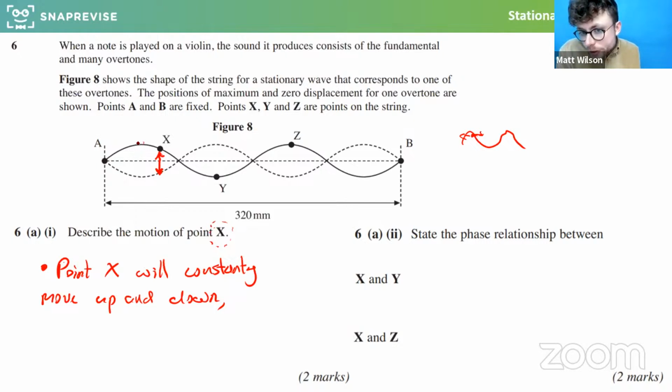And let's just say some more things, because we see there's 2 marks here. Maybe what else we can do is give some kind of reference. Any point to the left of it is going up and down with a bigger amplitude. It's got a bigger range of motion. Anything closer to the node here, this point that's stuck, will have a smaller amplitude.